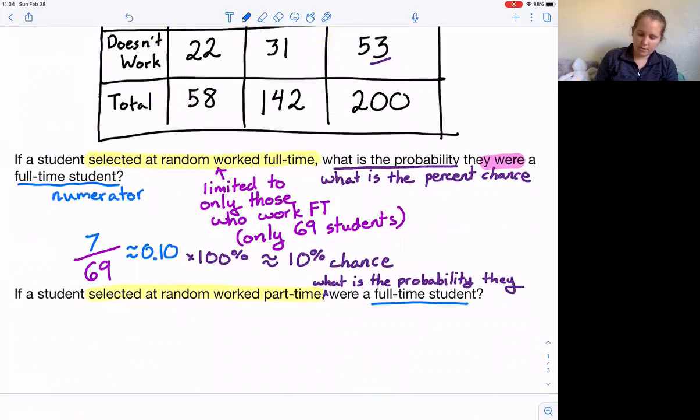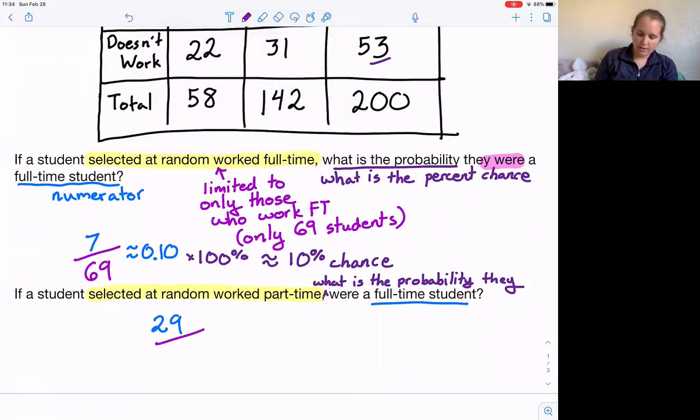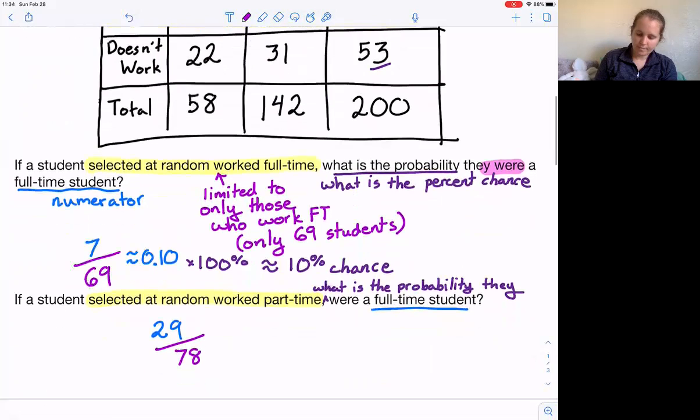So we are looking at 29 out of 78. And if we do 29 out of 78, we have about 0.37. Convert that to percent, and we have about a 37% chance.